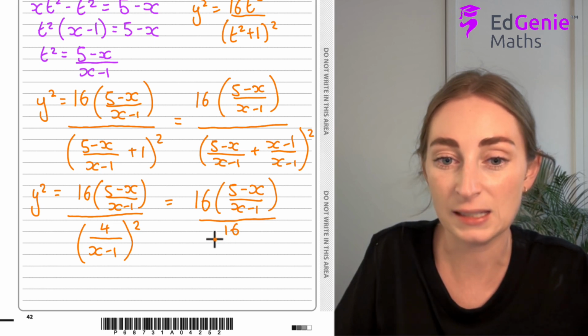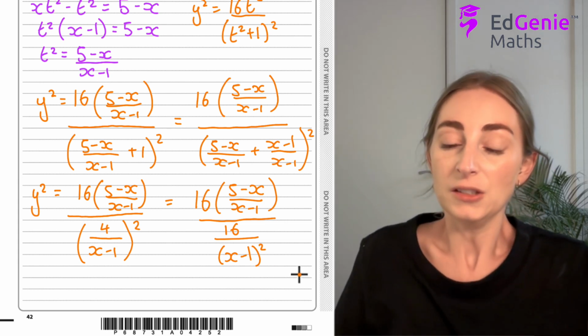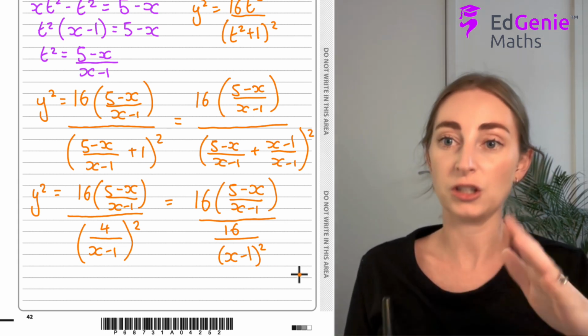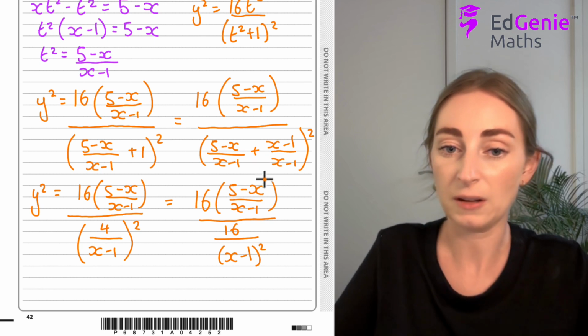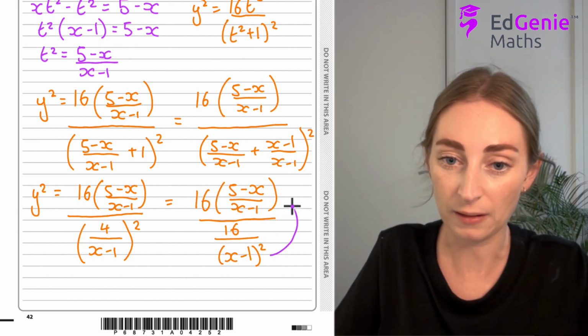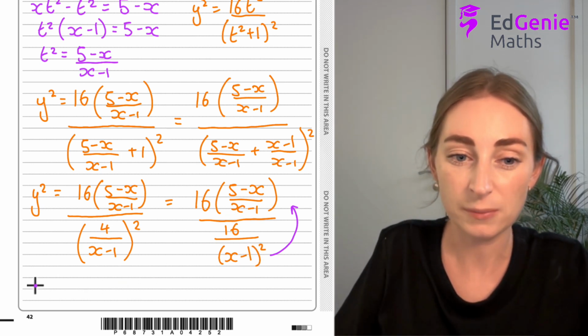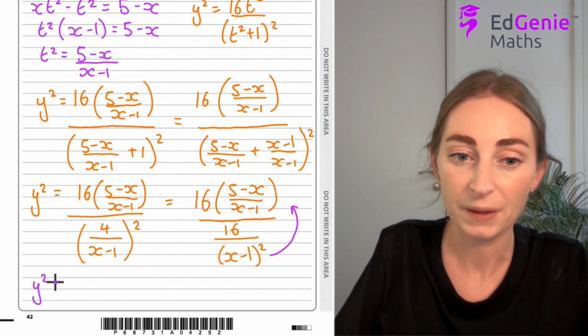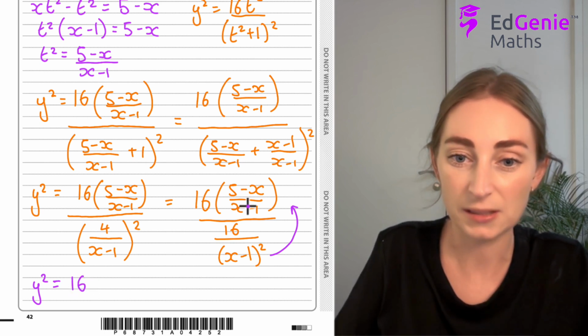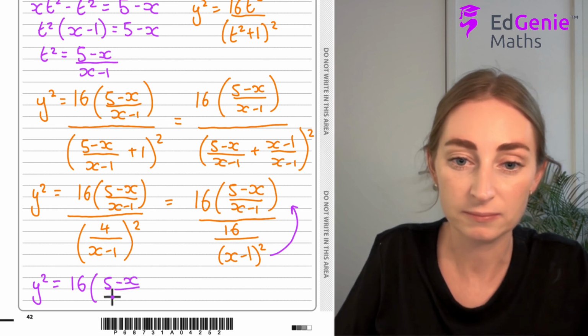So that's going to be 16 over x minus 1 squared. So when you have got a fraction on the denominator of a fraction, that's the same as multiplying by this x minus 1 squared. So that's going to simplify hopefully quite nicely. Y squared equals, we're going to have 16 times, let me write this out so you can see what's going on.